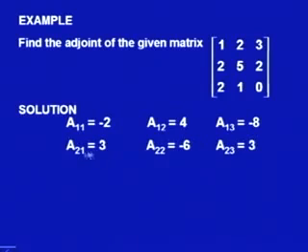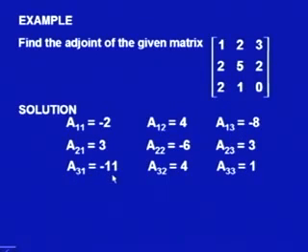Similarly, one can compute A21 as 3. A21 means cofactor of this element, which is 2 into 0 minus 3 into 1 multiplied by minus 1, that makes it 3. A22 is minus 6, which is 1 into 0 minus 3 into 2, it is minus 6, and cofactor of this element A23 is 3, 1 minus 4 with a negative sign here.